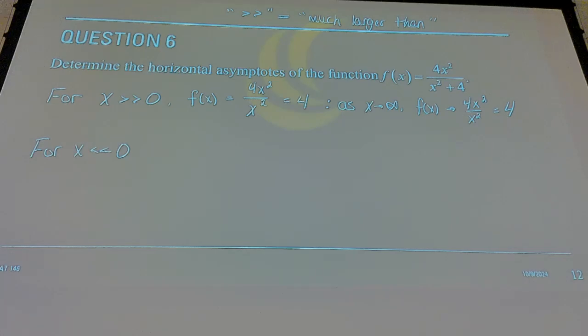Pretty sure you can figure out what that notation means, or much smaller than.